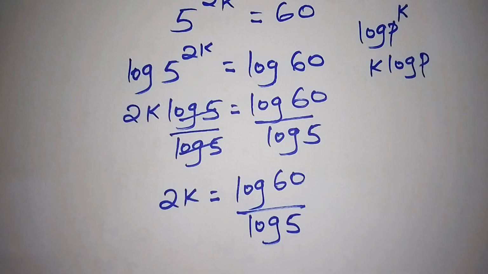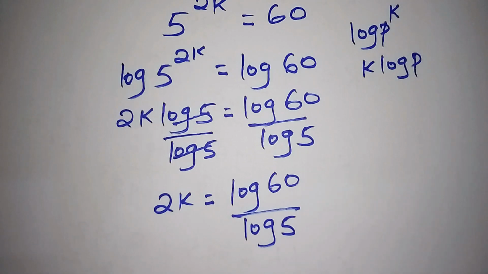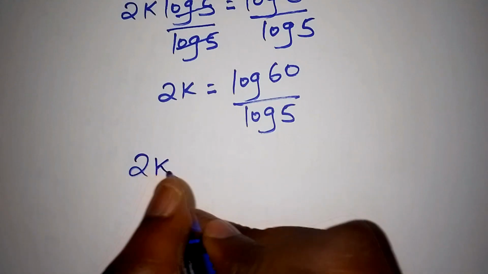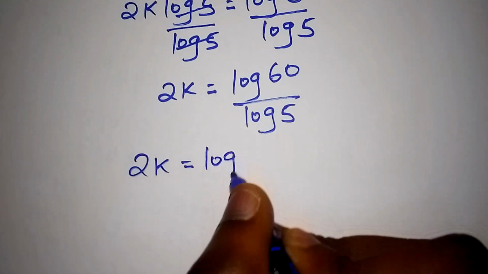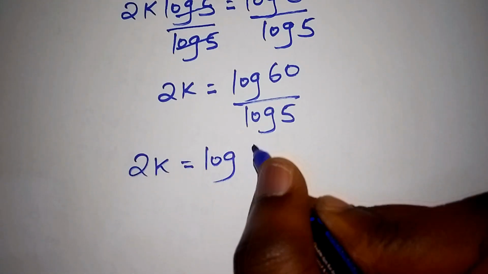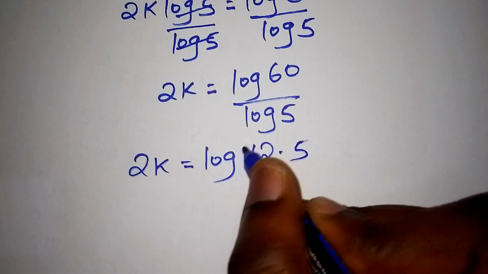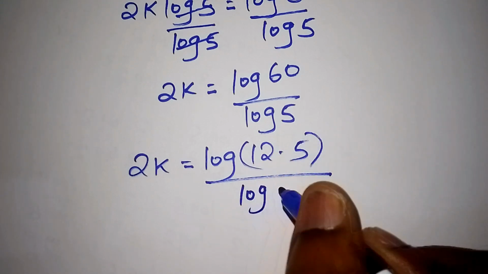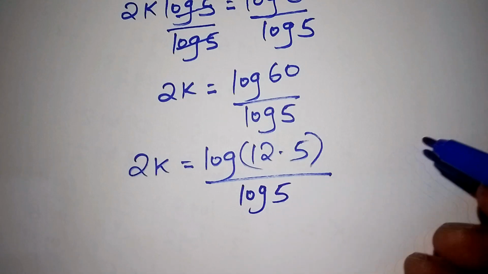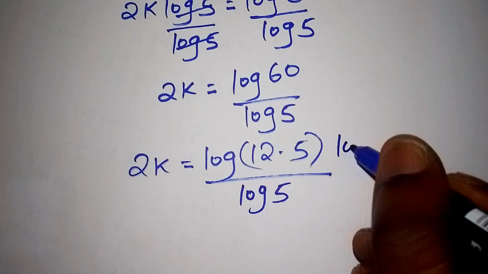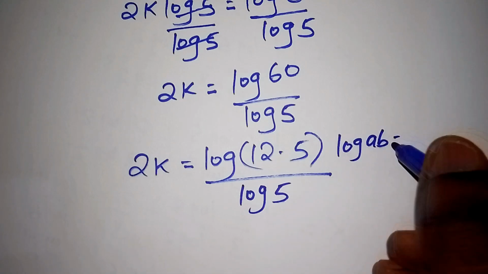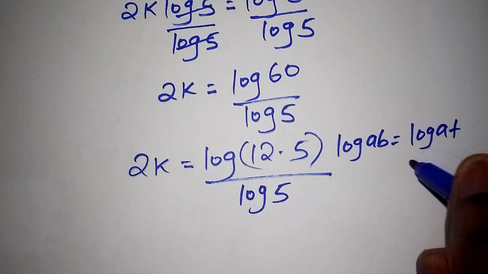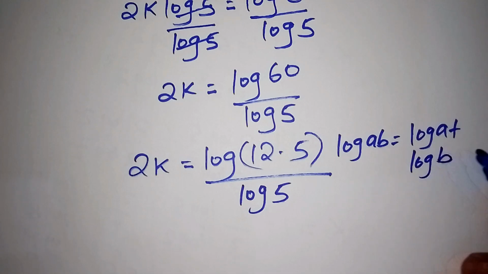So our 2k is equal to the log of 60, which can also be written as the log of 12 multiplied by 5, in brackets, all over the log of 5. Assuming that we have the log of ab, this can also be written as the log of a plus the log of b.